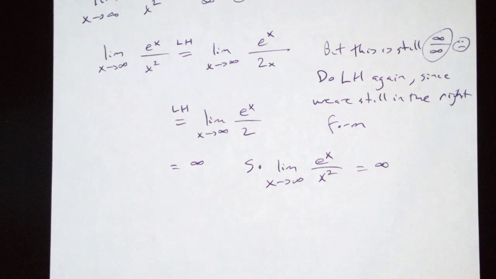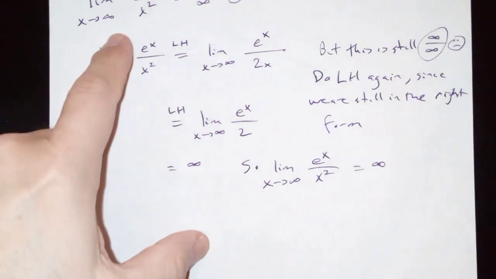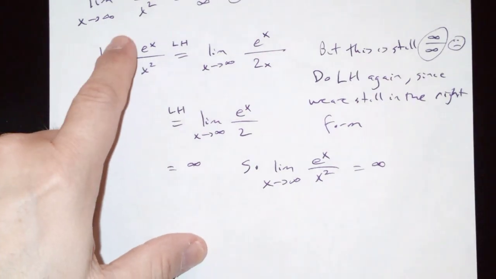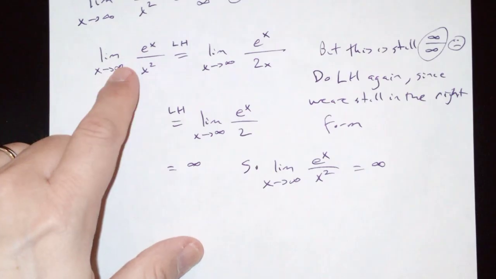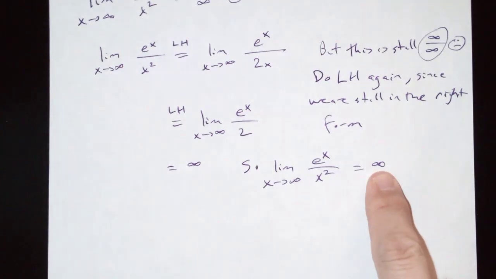Now, this means that when we talk about relative growth, e to the x is getting bigger way faster than x squared is. Because if I think of the ratio of one infinity over the other, the top is much, much bigger than the bottom because of what we see as our result here.